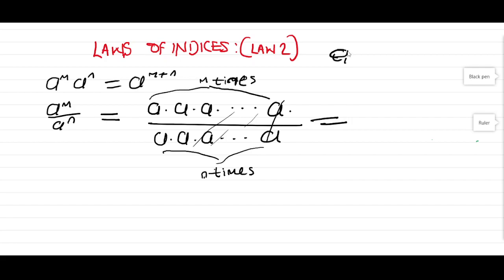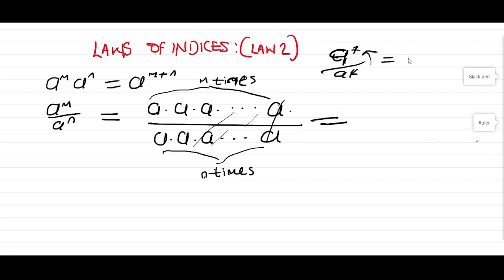when we had a to the 7th power over a to the 4th power, we have to cancel some of the a's on top and bottom, and the amount of a's we cancel equals 4, because from m we're going to take away n. So that means we cancel 4 a's inside 7.